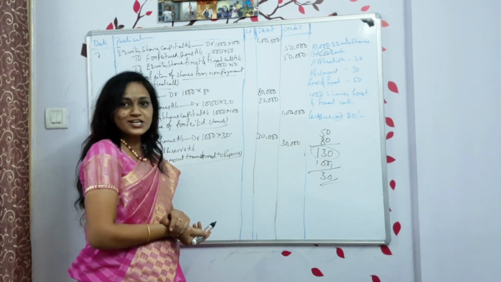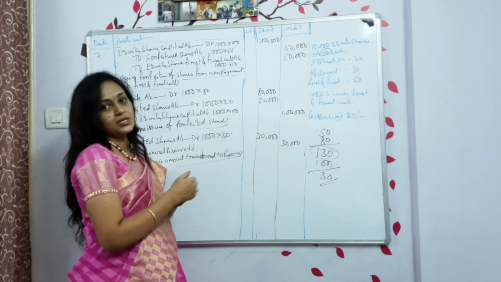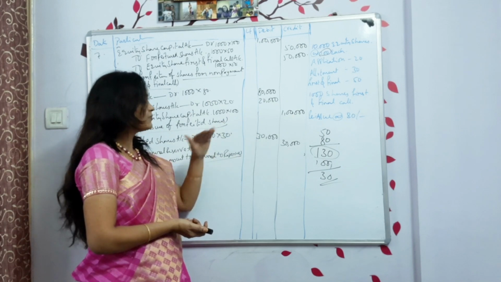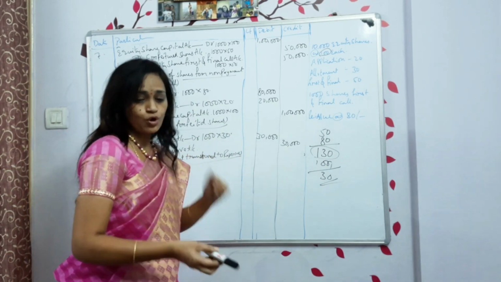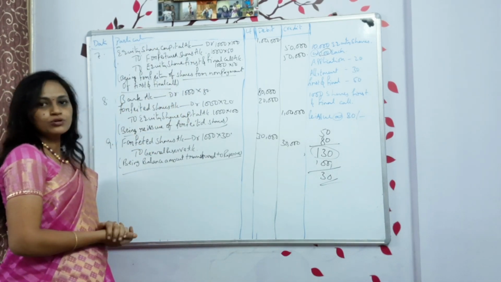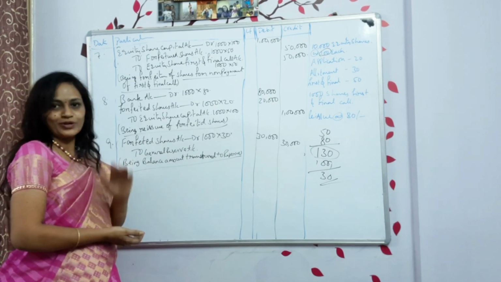So what is the extra amount? That is 30,000. So that 30,000, 30 rupees into 1000 shares, has been transferred to the reserve. Okay. First copy this one, and then I would like to tell you something. Please take the screenshot or copy it, paste it, whatever you want.